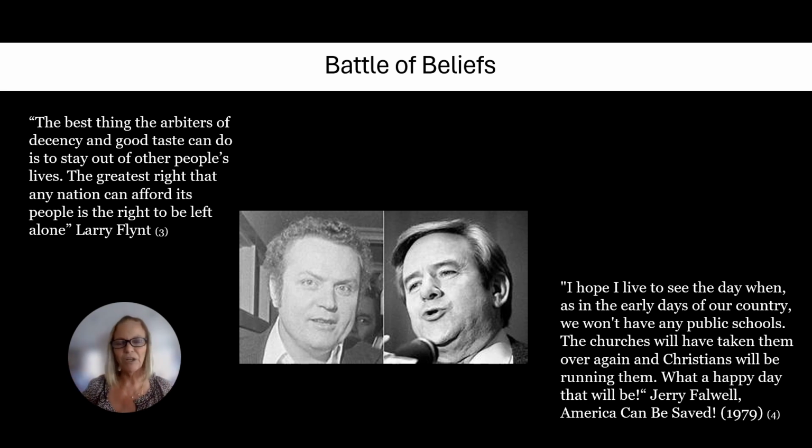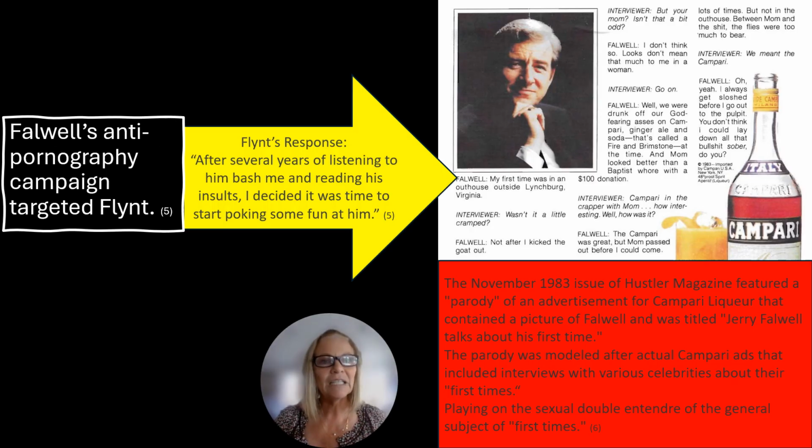So that title says Battle of Beliefs. Leading up to this, we know we have this battle of beliefs between these two people, right? Here is my slide leading to what happened. Falwell's anti-pornography campaign targeted Flynt. Flynt's response, and then I quoted what he said.